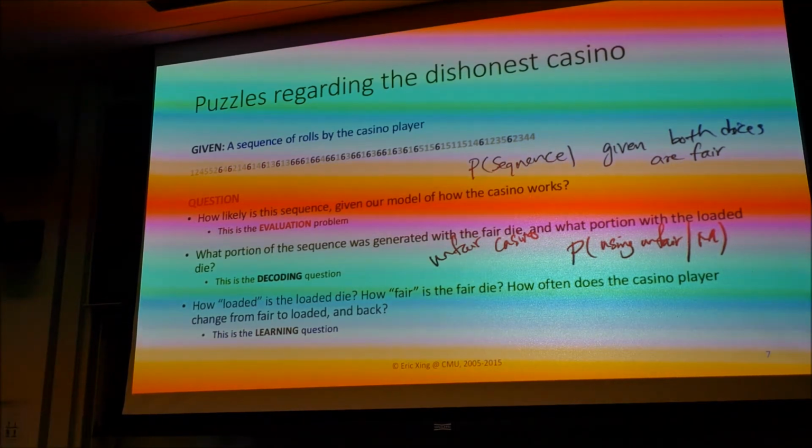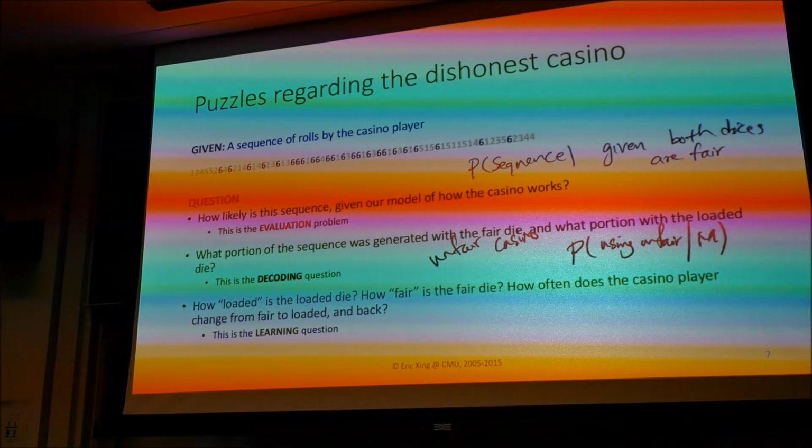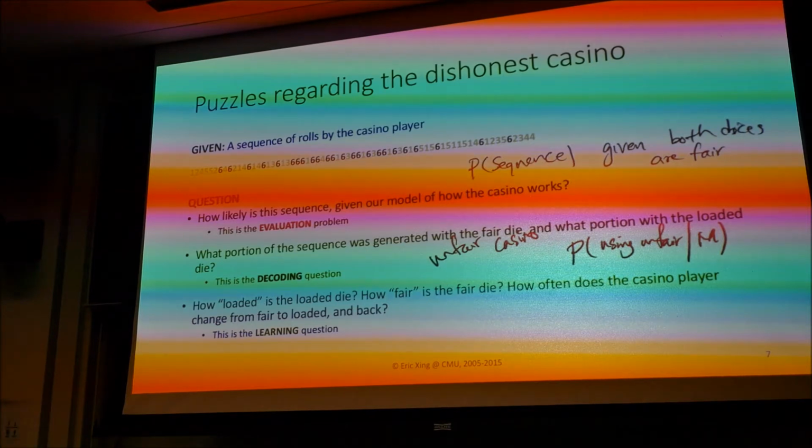You may only have the data and this extra information that there are fair dice and unfair dice, and you want to find out how unfair his unfair dice is. That is the problem of learning. So basically, given the data, you want to learn the state of the world. These are more or less aligned with what I told you in the last session about the three different paradigms in PGM and different modules of the PGM.